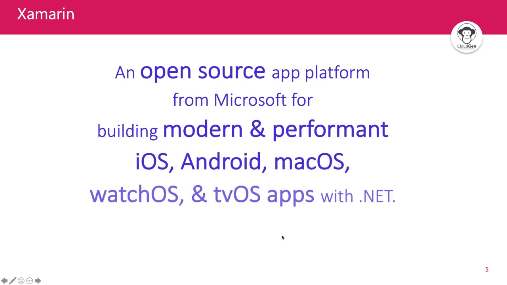And Xamarin is the name of the platform that you can use to create this kind of applications. In the morning, there was a session about Xamarin. So I will not go into details at all, but I will give you the basics about Xamarin.